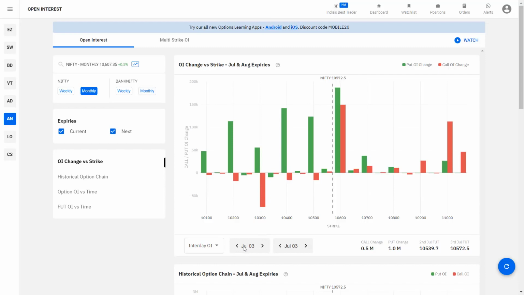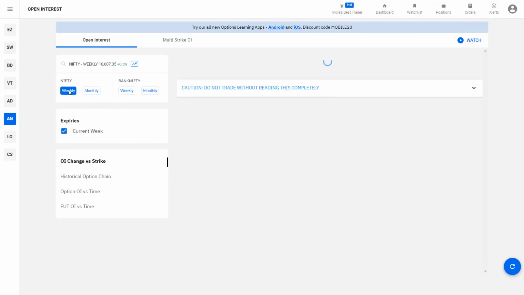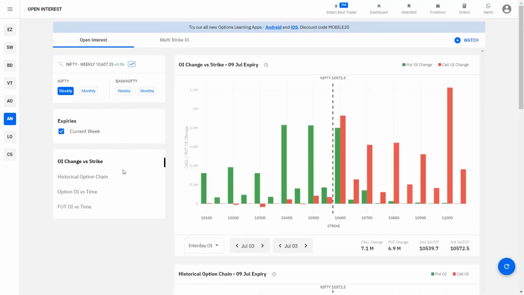You can see this. On July 3rd, they added a lot of puts, they added some calls, they unwound lower calls, and some more puts were added here. If you want to know what happened in weekly Nifty, you can just click it like this here. And you can see what happened on the weekly Nifty on that day. Some calls were added, many more puts were added.